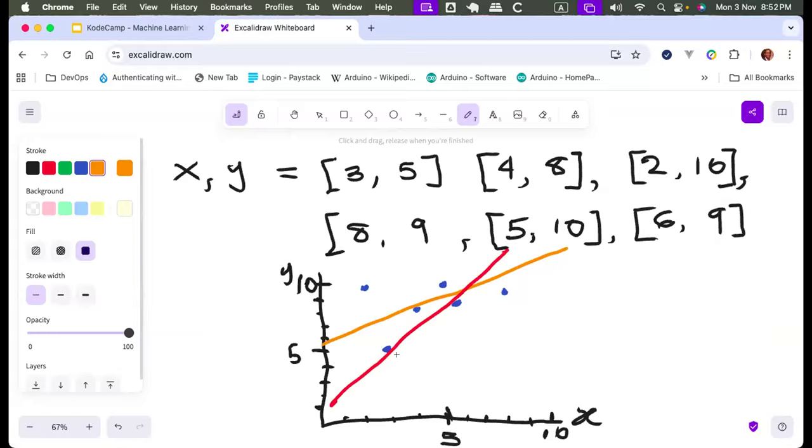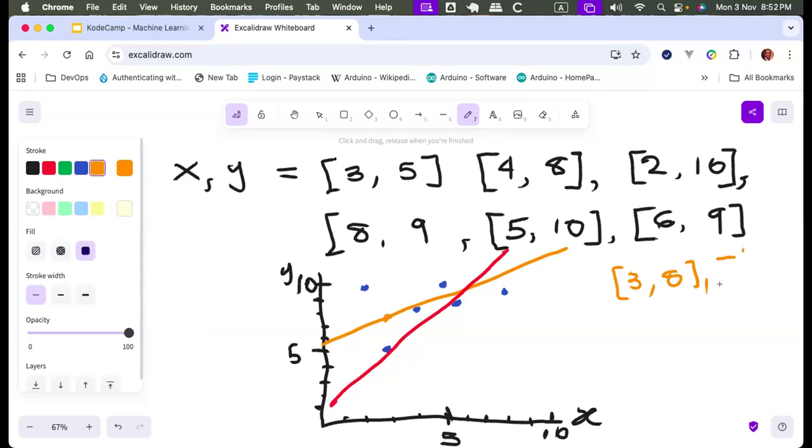Now, to calculate the error, on this line, this is the prediction. So for this one that is 3, 5, this line is predicting, instead of 5, maybe 8. So you now have 3 and 8. That's what this one is predicting.